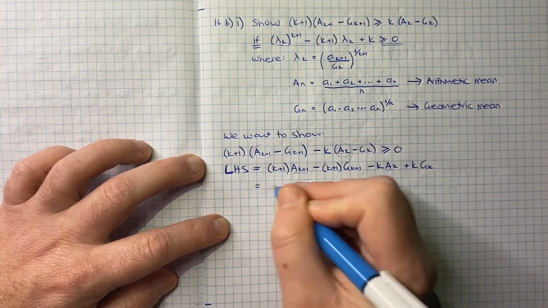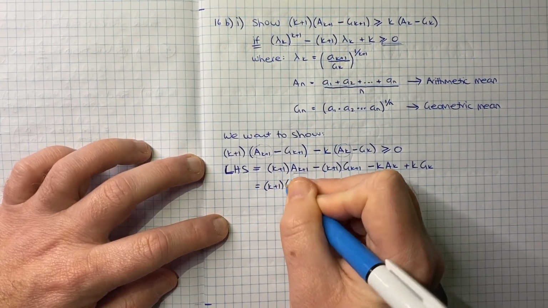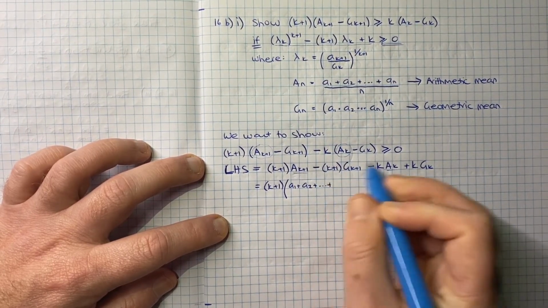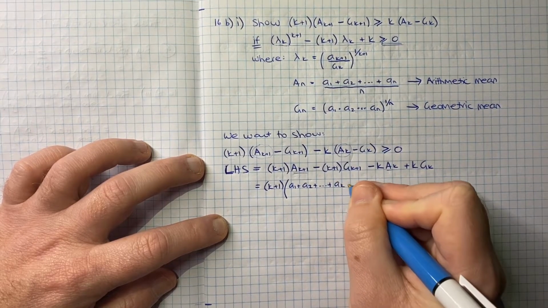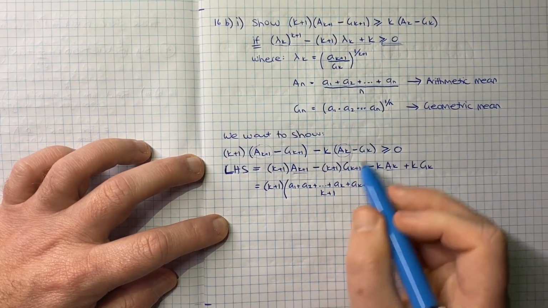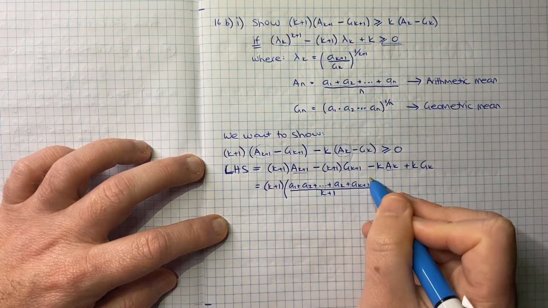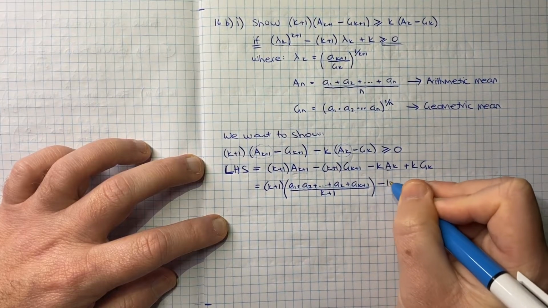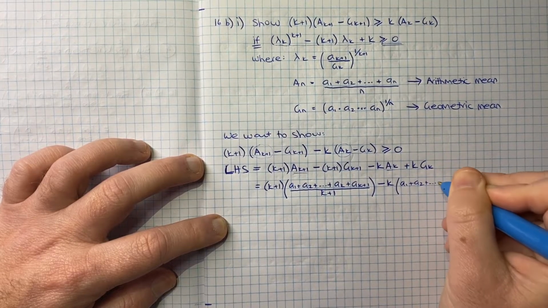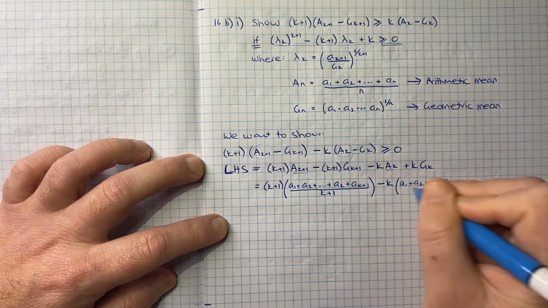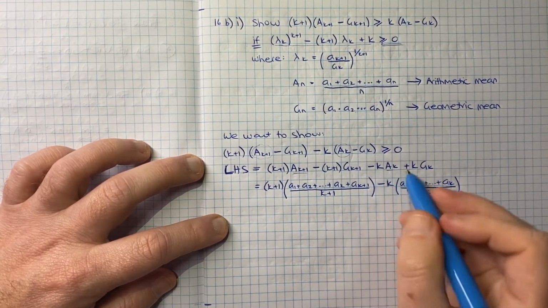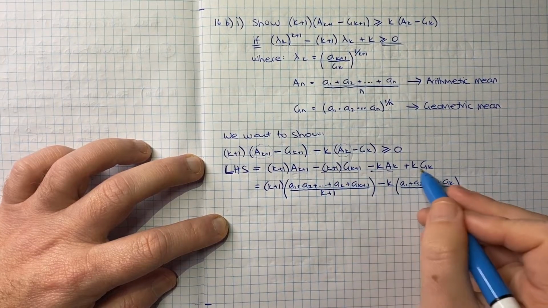So this is going to be equal to k plus 1 times a_1 plus a_2 and so on, and I'll write the last two terms a_k plus a_{k+1}, and that's all over k plus 1, the number of terms, minus k of a_1 plus a_2 and so on up to a_k, all divided by k, and then we've just got what's left over with our g's.